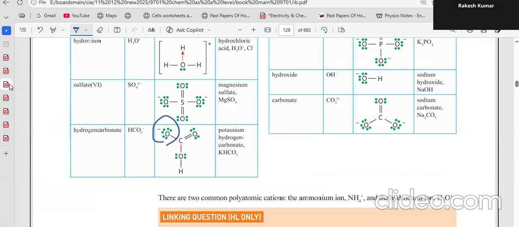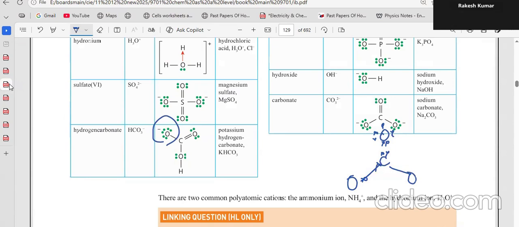Like here, first you put C, then you put O, O, O. Then try to satisfy the valency of O. Now, this has got 6 bonding, so it needs 2. So keep 2 here. And then here you'll have to make a bond, obviously.